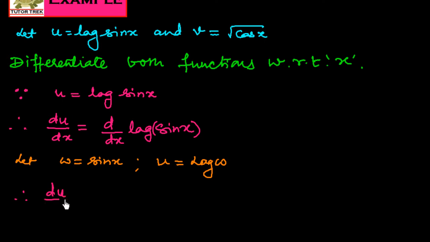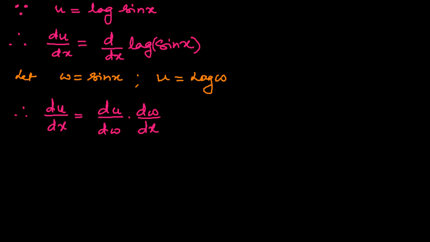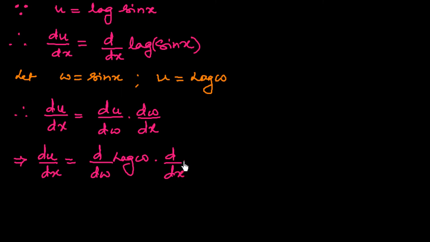So now we differentiate. Therefore du over dx is equal to du over dw and dw over dx. Implies du over dx: this u we differentiate with respect to w, so we write instead of u, log w, d over dw of log w, and d over dx we differentiate with respect to x, so we write instead of w, sin x.